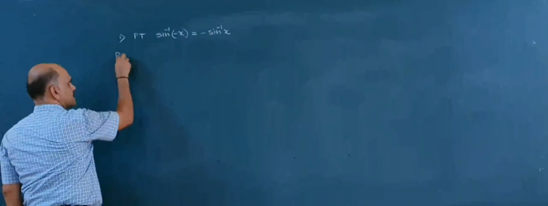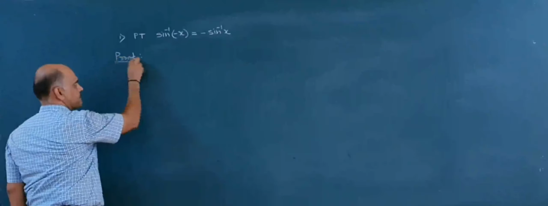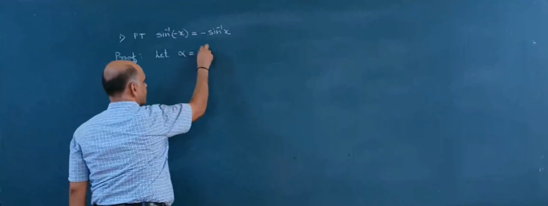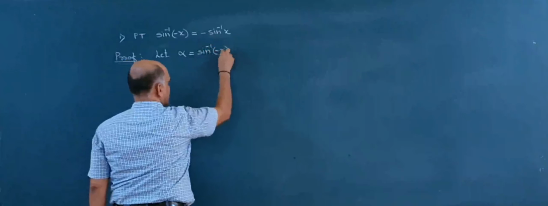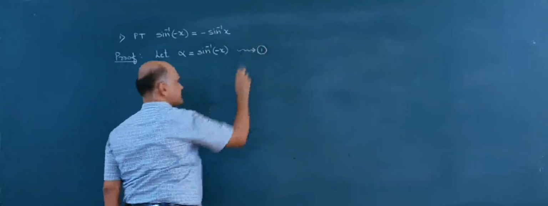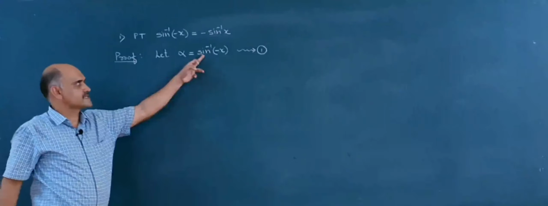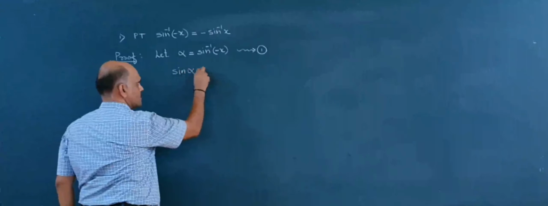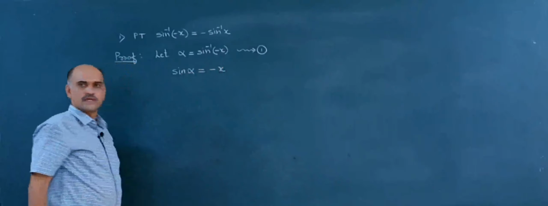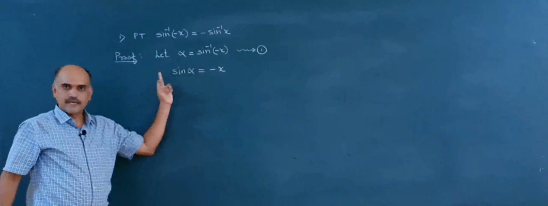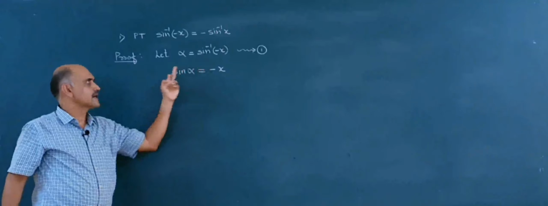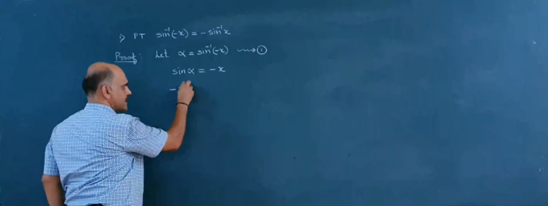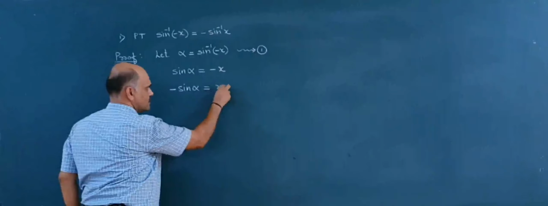First I will take LHS. Let alpha be equal to sine inverse of minus x. I will take this as 1. Now if I take this sine to the LHS, you will have sine alpha is equal to minus x. Now multiply both sides by minus sign, so you will have minus sine alpha is equal to x.